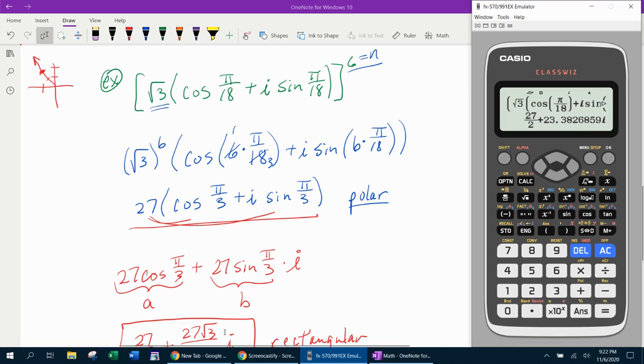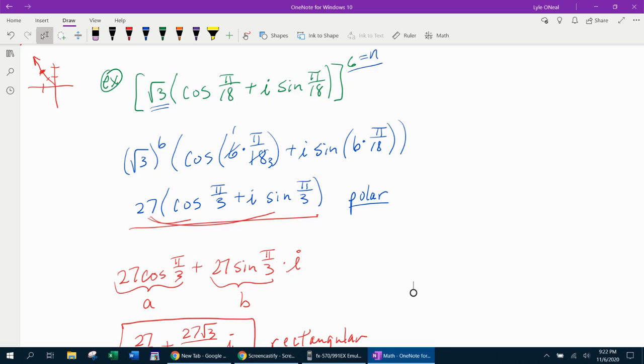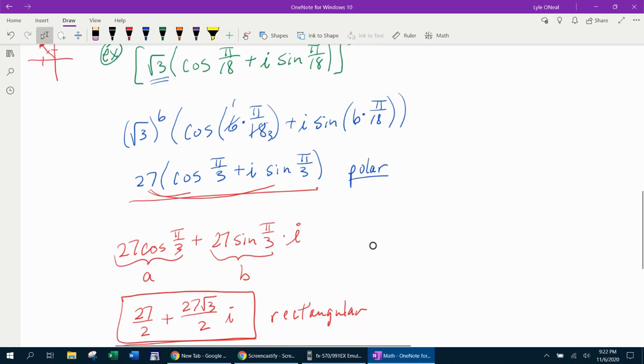Let's see if that is 27 square root of 3 over 2. 23.38, is that 27, whoops, I hit cube root, square root of 3 over 2. 23.38. Okay, so the calculator did give the right answer, but it did not give exactly.